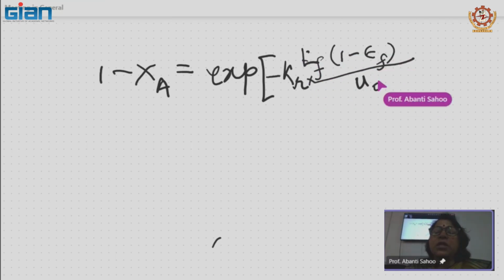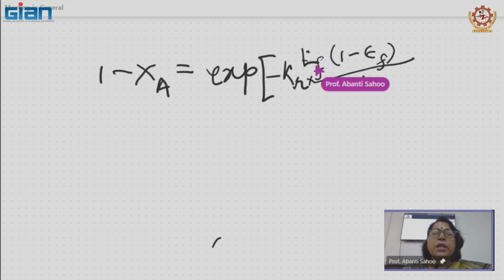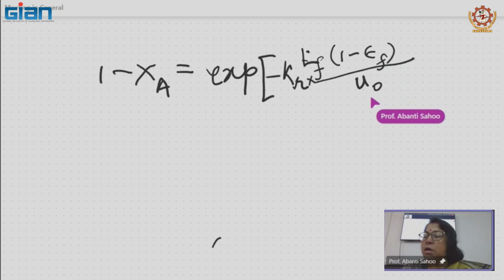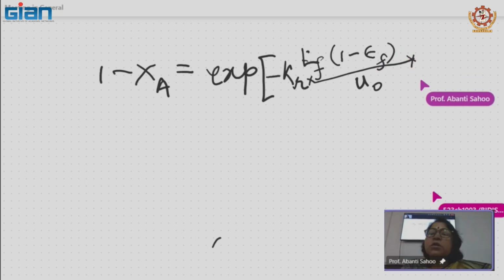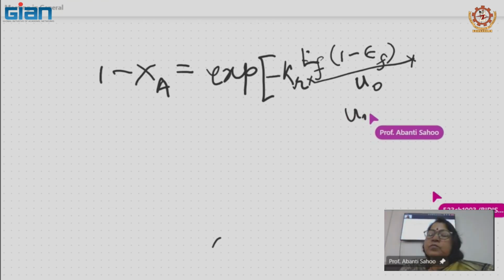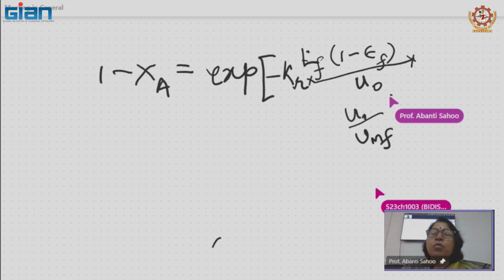This is the tau expression, the residence time of the solid particles, how much time they remain in the bed. LF into 1 minus epsilon F is the volume of the solid particles, and U0 is the superficial velocity. So this much time tau it remains in the bed, into U0 by UMF into 1 minus delta.